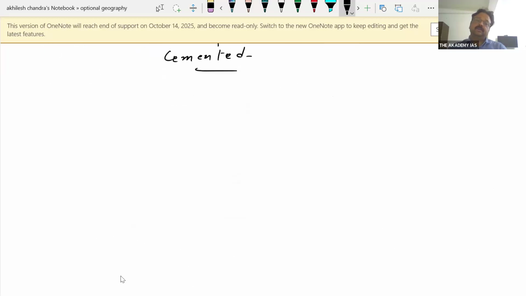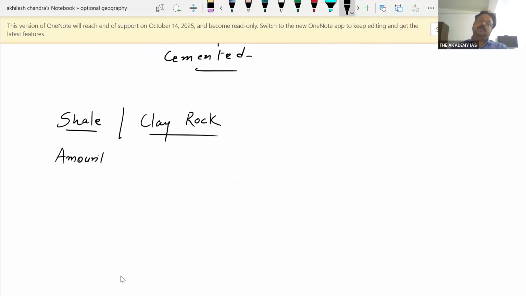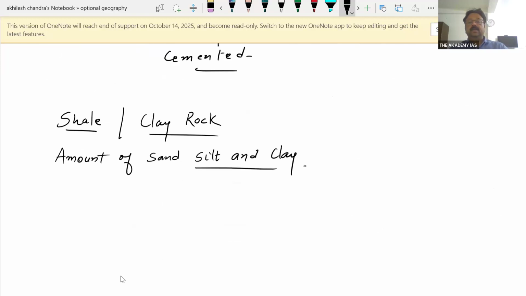Then we have shale. Shale, we call it clay rock also. Fine. The difference between shale and clay rock is what? The amount of sand, silt, and clay. If sand is more, it is sandstone.